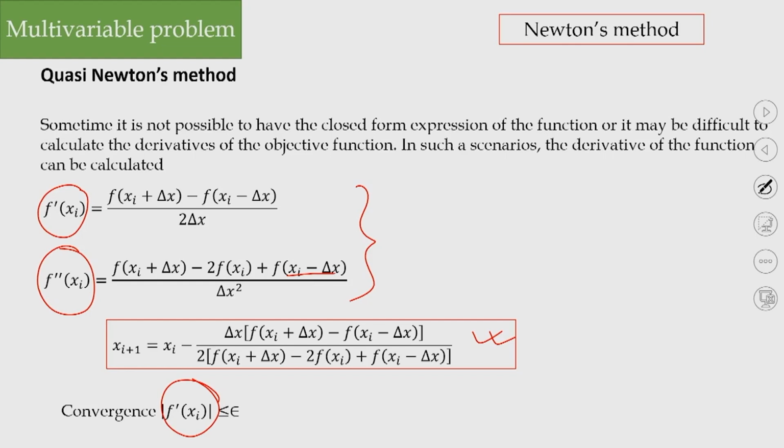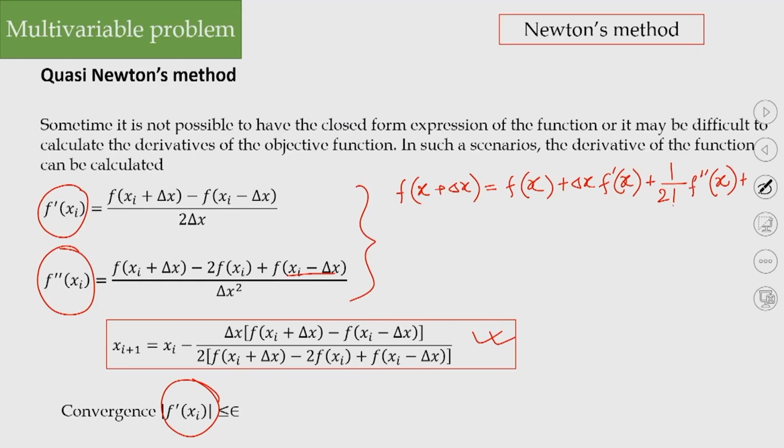As you know, I can write the Taylor series: f(x + delta x) equals f(x) plus delta x times the first derivative at x, plus 1 by factorial 2 times delta x squared times the second derivative at x, and so on. I am not considering the higher order derivatives.